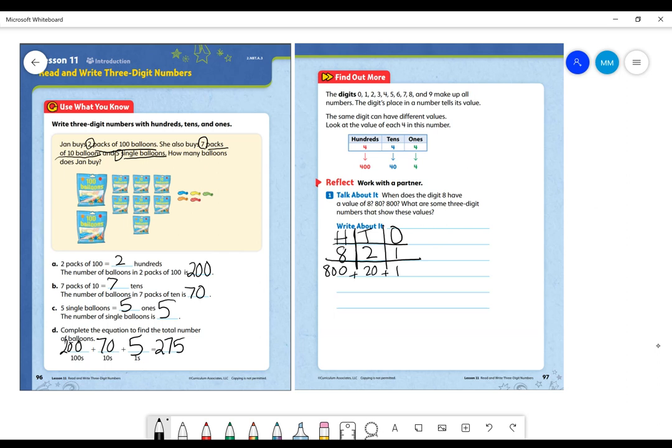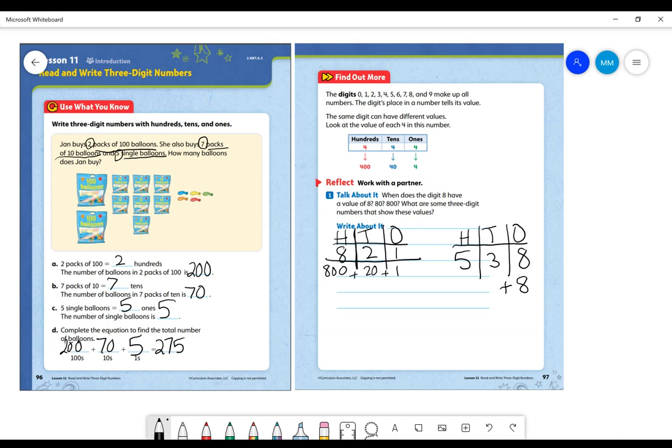So let's say I have another number with hundreds, tens, and ones. And let's say I wanted to show 538. Now, where is our digit 8? It is in the ones place. So 8 would be 8 ones. How many tens do we have? We have 3 tens.